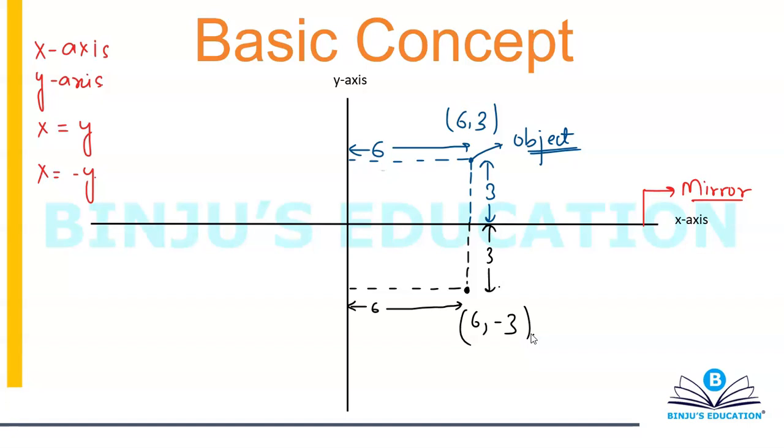So the bottom line that you need to take from here is that whenever you take reflection along x-axis, the sign of y coordinate changes.